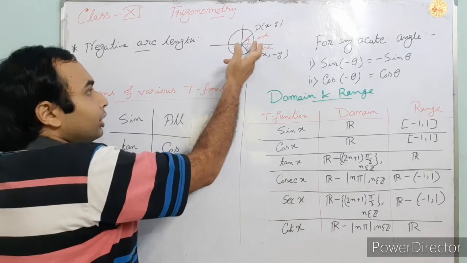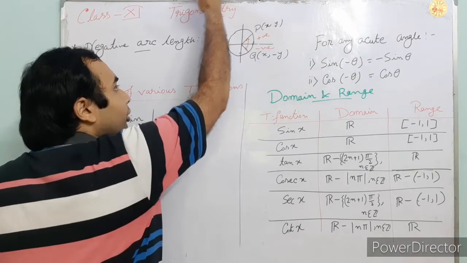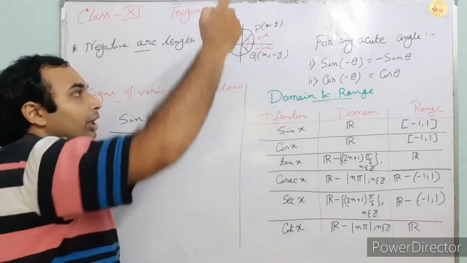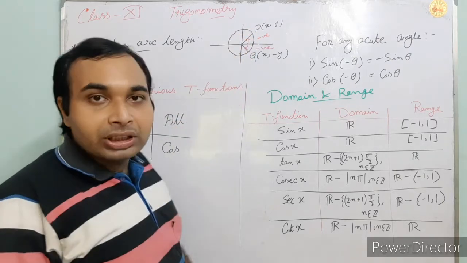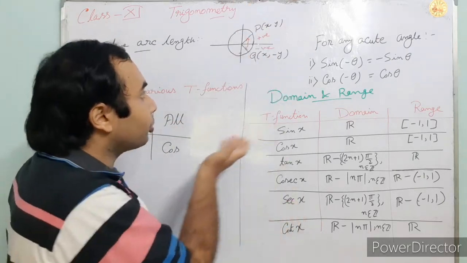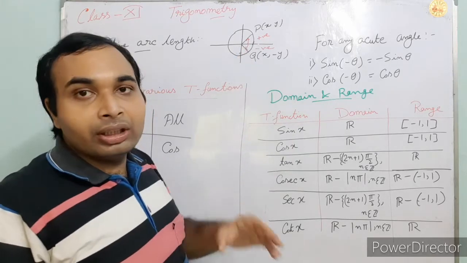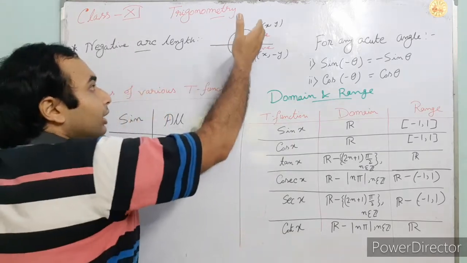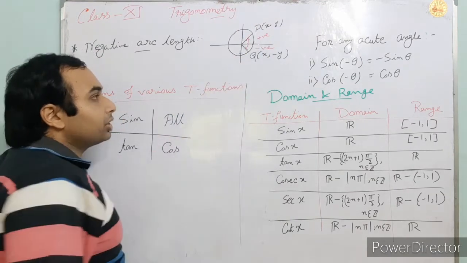If we start from here and go anti-clockwise, then whatever angle is made is the positive angle, and if we go clockwise, the angle made is the negative angle. In the same way, the arc length is called the negative arc length or the positive arc length.